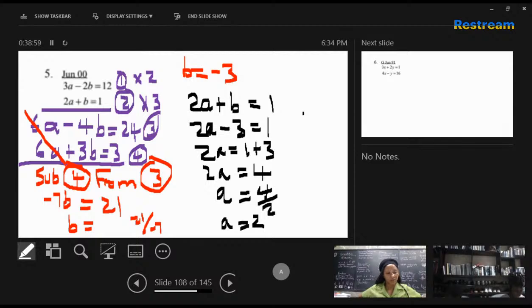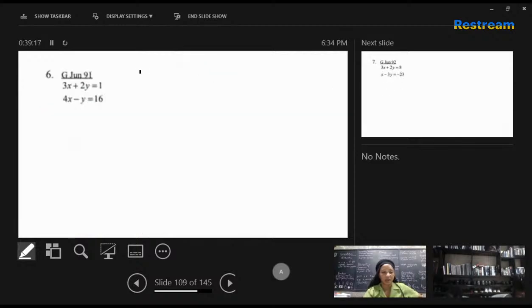Do you get 1? Yes, miss. Check the first equation now. 6 times 2 minus 4 times negative 3... equals 12. Yes, miss. Okay. All right, Imani, your second one.